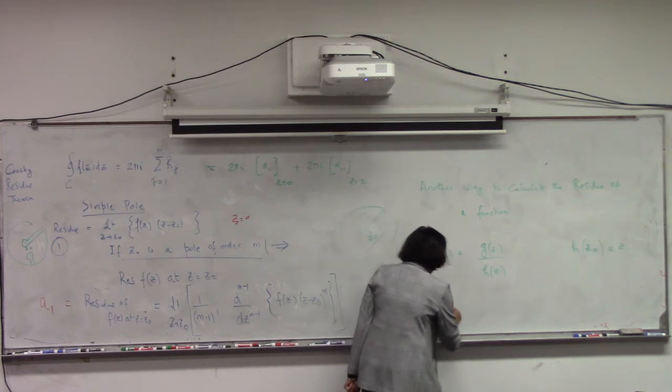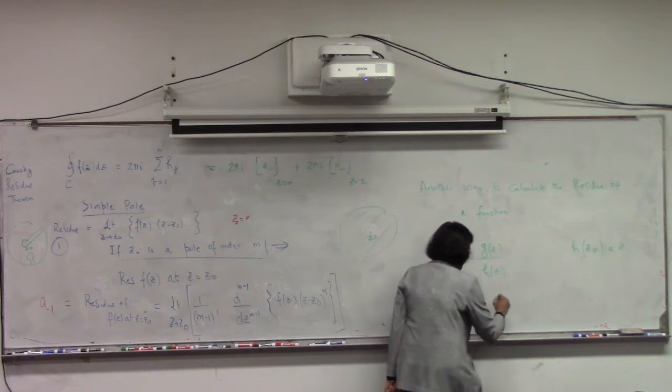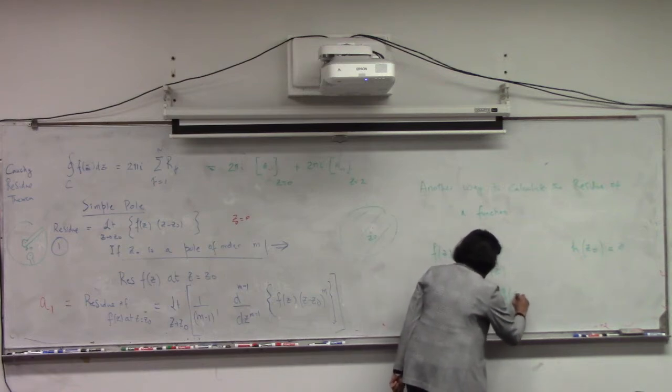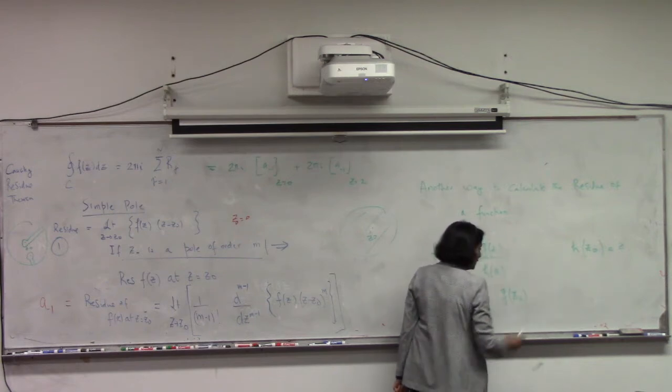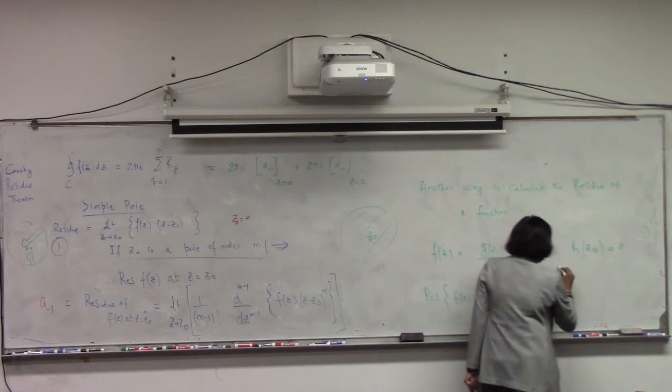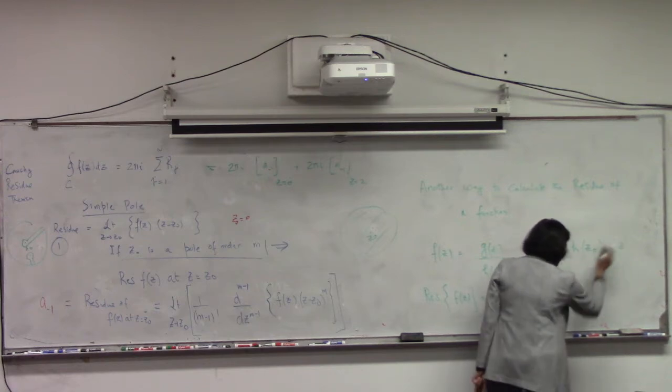The residue of the function in this case is given as the numerator, which is analytic, evaluated at z equal to z naught, where the denominator has a 0. So this is a zero of the function.